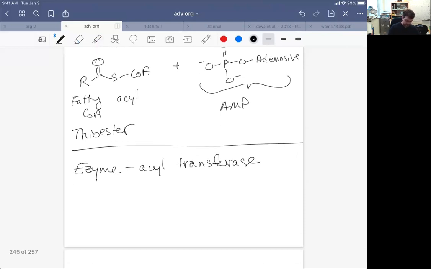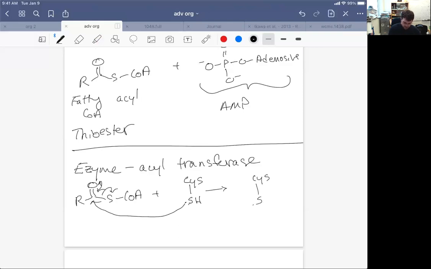What you see is kind of a thioester exchange, where the sulfur from CoA, able to float around, reacts with a cysteine of an enzyme, which I'll write as CYS. Cysteine is just like serine, but this time it's an SH instead of an OH. So we're going to see a trans-thioesterification where one sulfur replaces another, and the enzyme environment is going to promote one thioester formation over another, and there's some sort of basic residue.